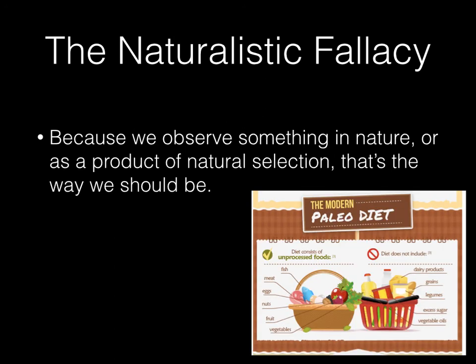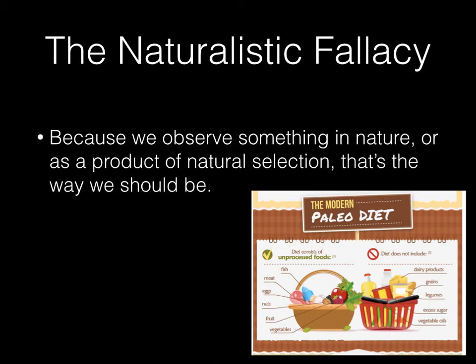So my favorite example is the paleo diet. The paleo diet states that we should only be eating things that humans ate in the Paleolithic, so basically from our hunter-gatherer past. And since this is the natural diet for humans, we shouldn't be eating other things like dairy products, grains, legumes, and vegetable oils, for example.